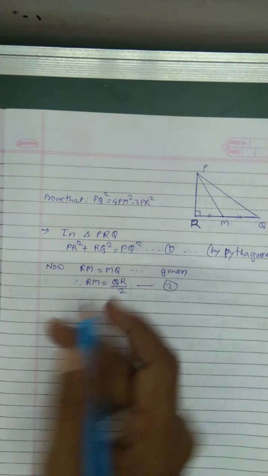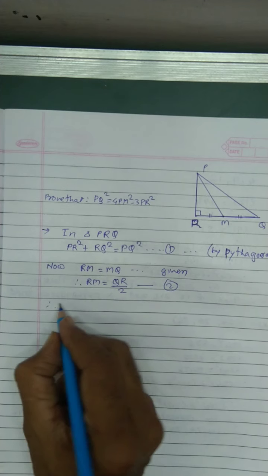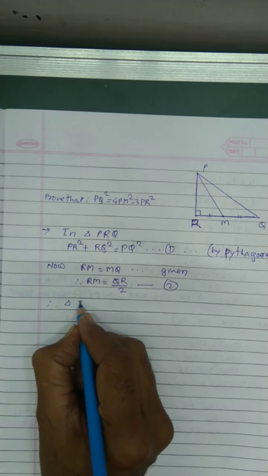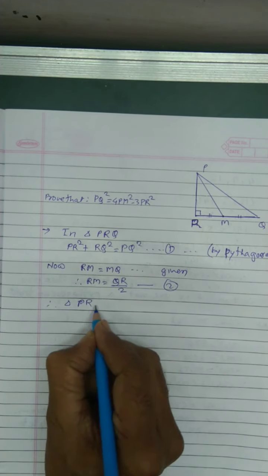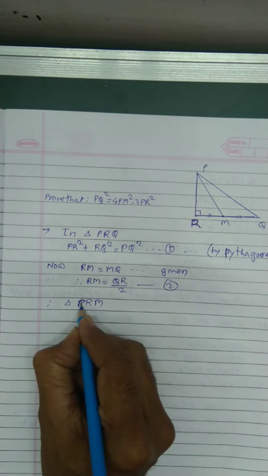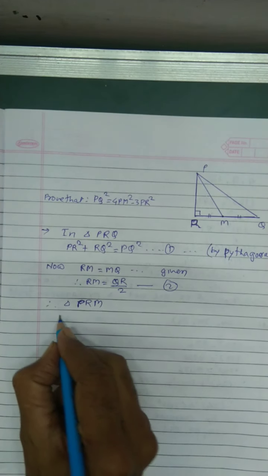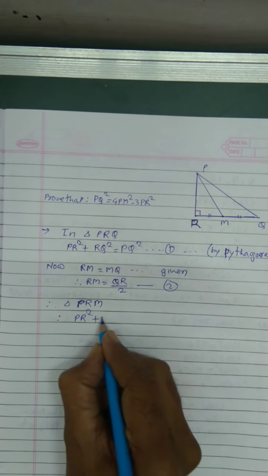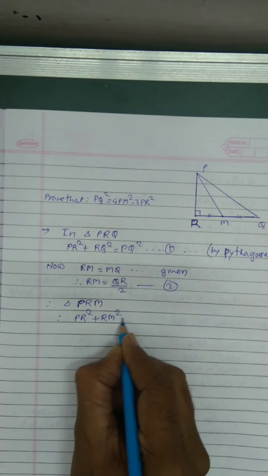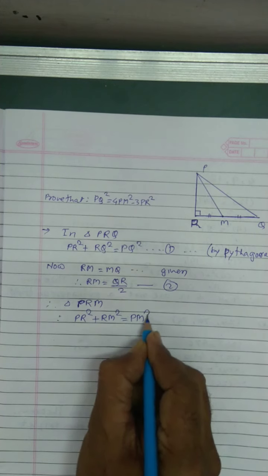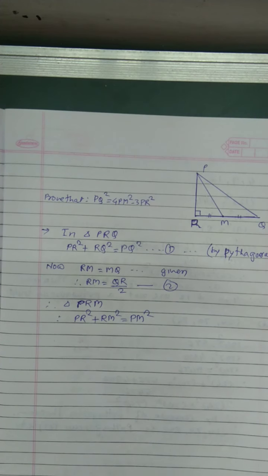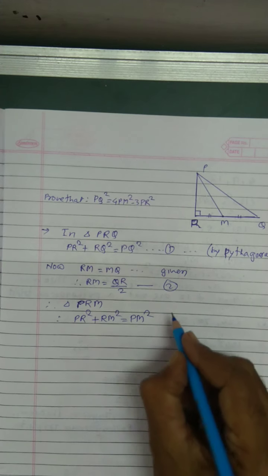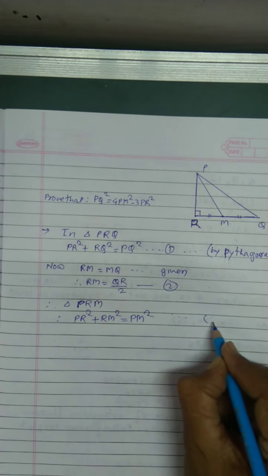Now we take the small triangle. In triangle PRM, that is a right angle triangle. Hence PR square plus RM square is equal to PM square by Pythagoras theorem.